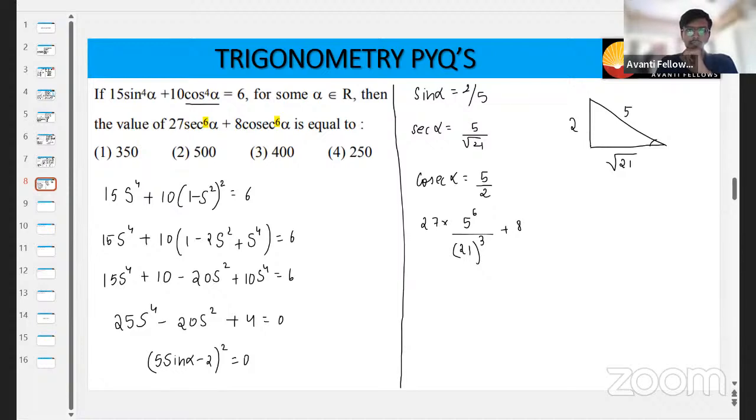Error तो नहीं लग रहा है मुझे. ठीक है, we are correct, I think.